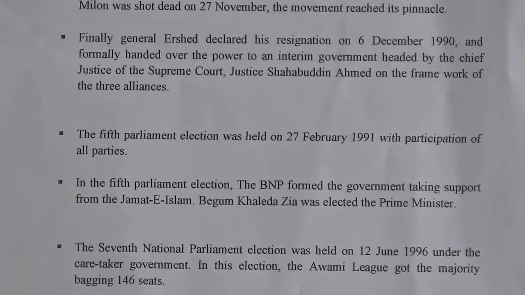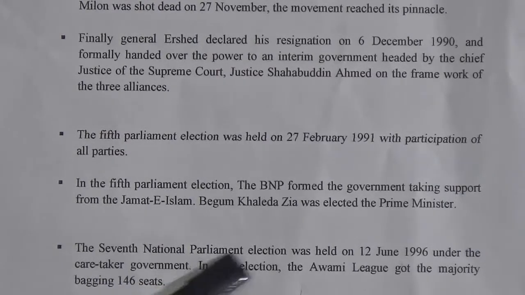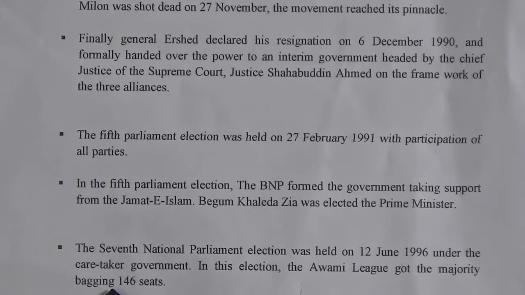Eventually, the 7th National Parliament election was held on 12 June 1996 under the caretaker government. In this election, the Awami League got the majority, bagging 146 seats.